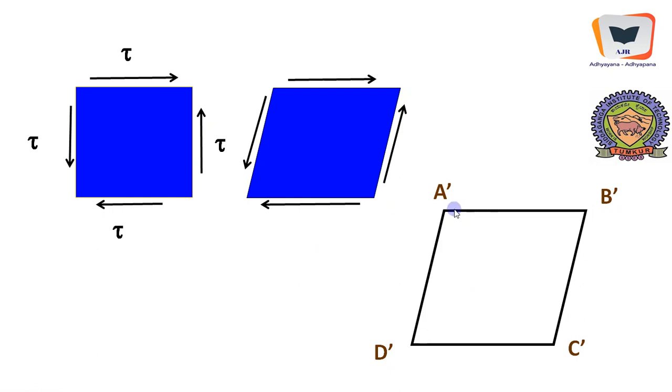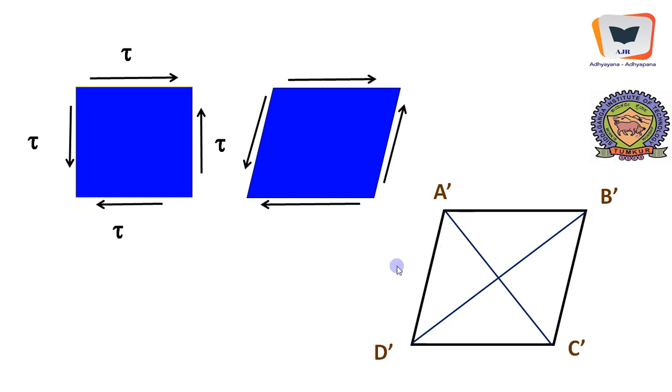A is here and has moved to A dash, B moved to B dash, and C and D are over here only because they are fixed. Let us assume that they are fixed. And this diagonal B dash D dash will get elongated and A dash C dash will get compressed. Therefore, this diagonal will be suffering from diagonal tension and this will be suffering from diagonal compression.